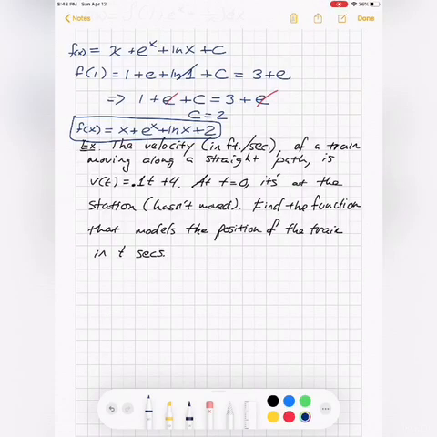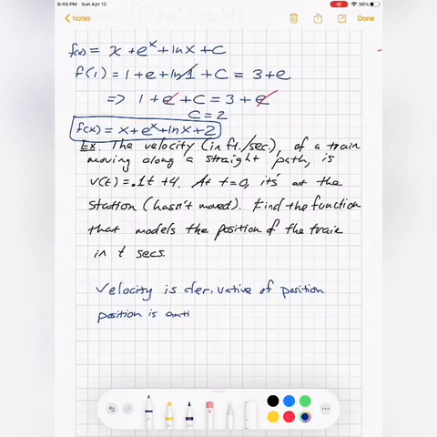Okay, well, I know velocity is the derivative of position, right? Or in other words, position is the antiderivative of velocity.